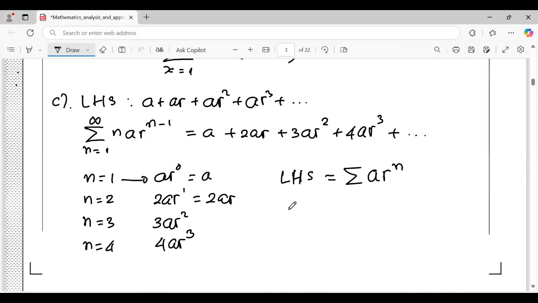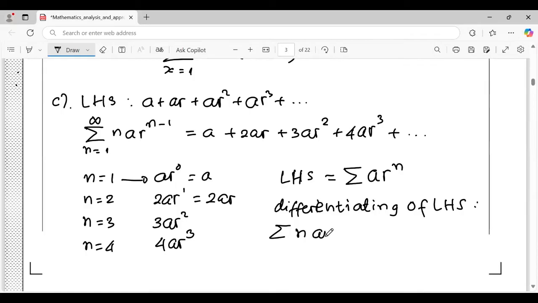And if we find the differentiation of LHS, L is left-hand side, it is sigma n ar power n minus 1.